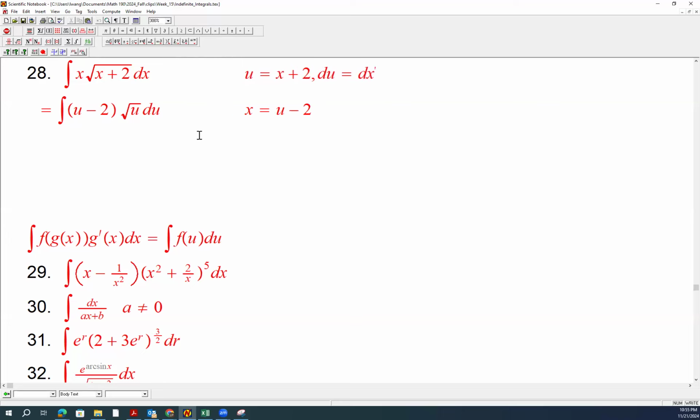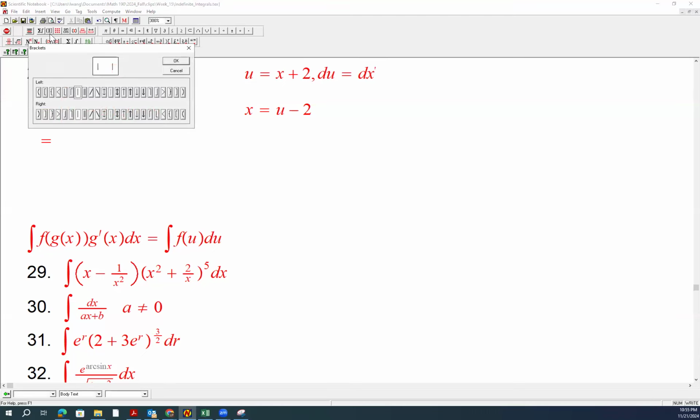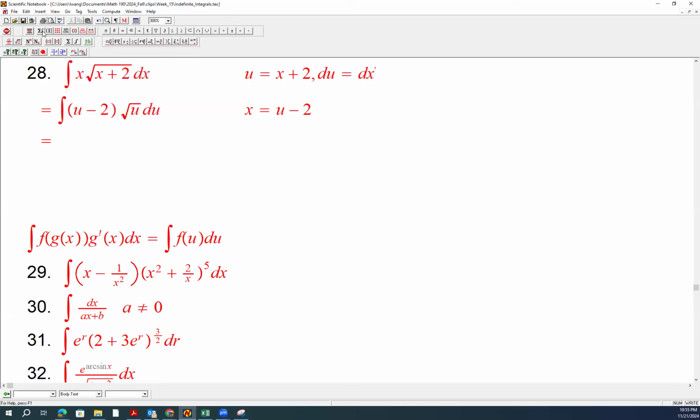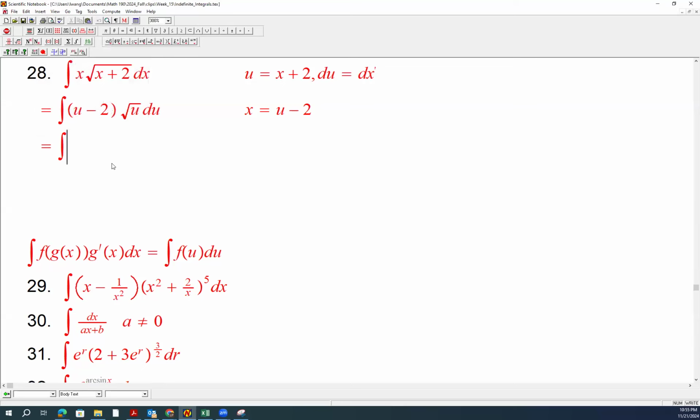Okay, and now you got it, right? So how are we going to integrate this? Well, we're going to do this. We still have the integration sign here.